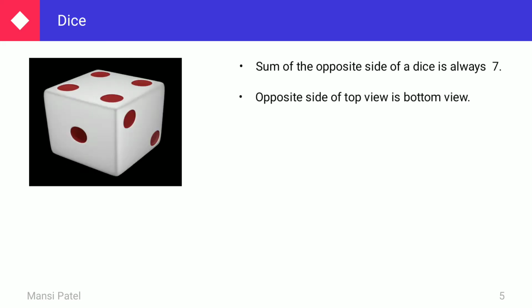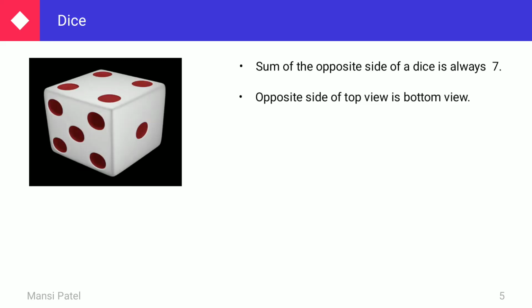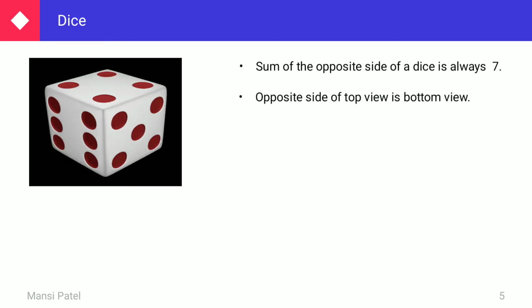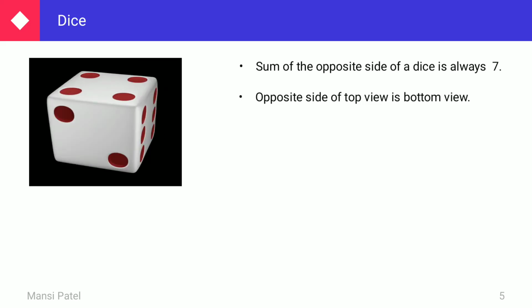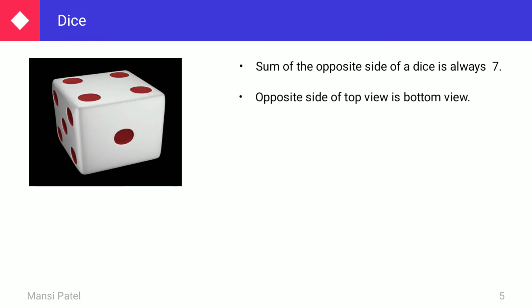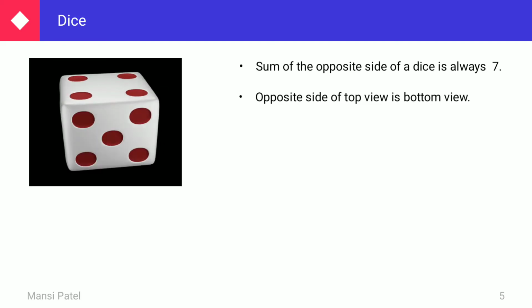Why only number 3? Because the sum of the opposite sides of a dice is 7. So if one number is 4, which number added to 4 gives 7? 3. So if on the top there is a 4, then on the bottom there is number 3.